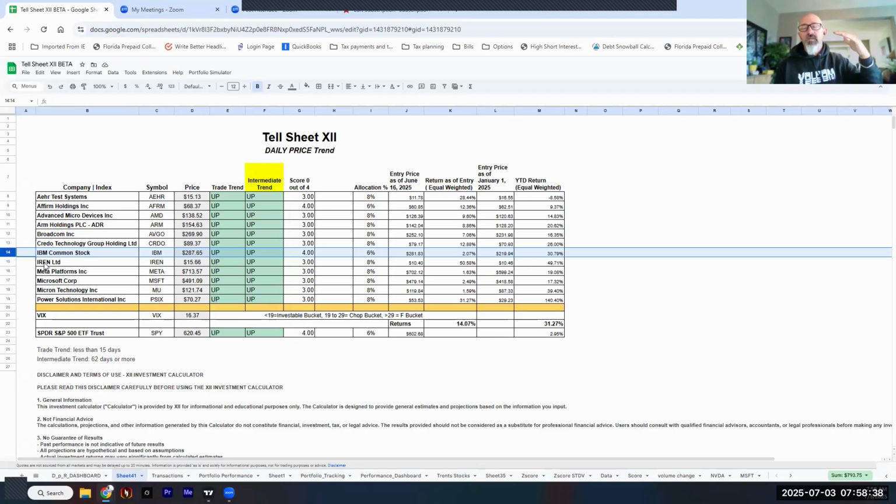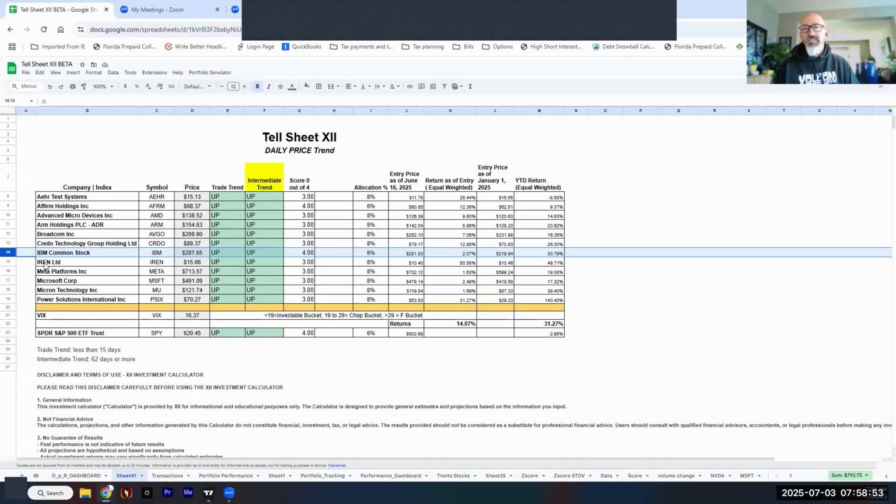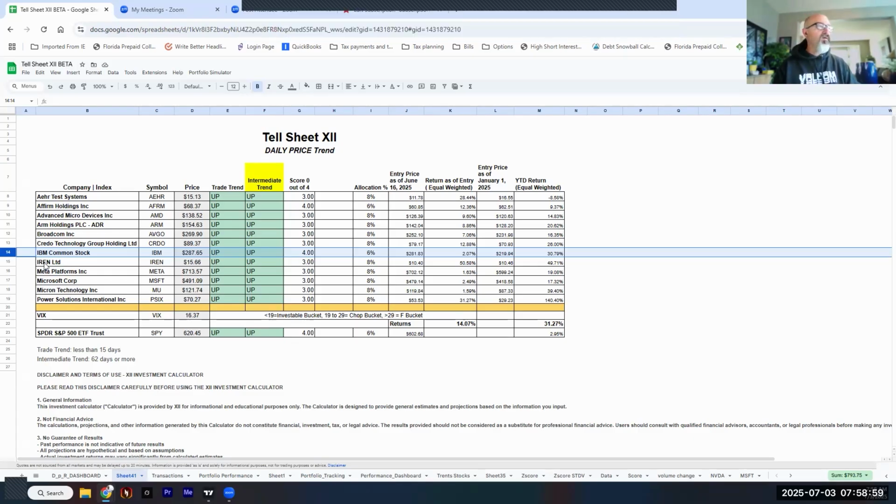We've reduced that allocation by 200 basis points because the other metrics I use are indicating that we're seeing a topping in IBM in this case, and we should expect some level of pullback. So I'm taking profits with the allocation change.